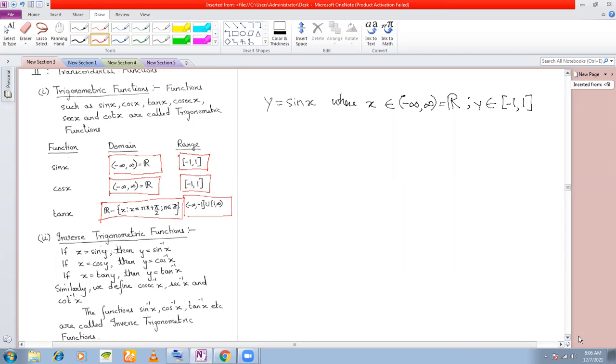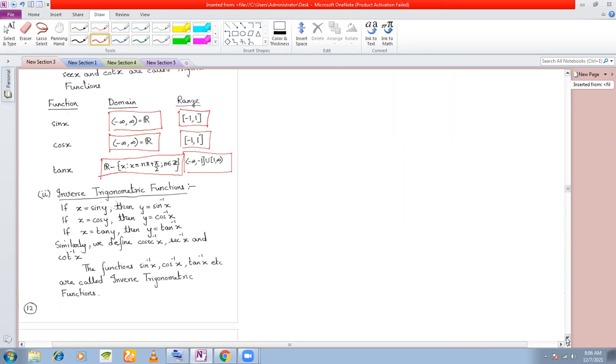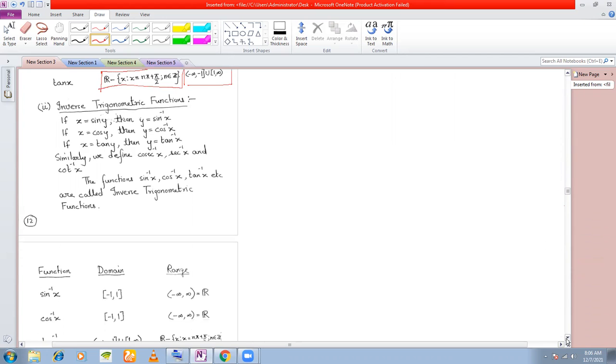Okay. Next we come to inverse trigonometric functions. Now, what are inverse trigonometric functions? Suppose x is equal to sine y, okay, then we write y is equal to sine inverse x.